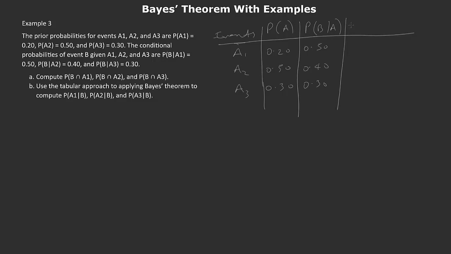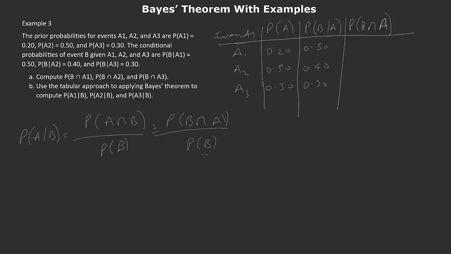The question is, we should compute the joint probability of B and A1, B and A2, and so on. So it's the joint probability of B and A. The way you should think about it is similar to the product. If you recall, the conditional probability of A given B can be written as the probability of A and B divided by the probability of B. This is also equivalent to the joint probability of B and A occurring, divided by the probability of B. So this is one way to represent that.